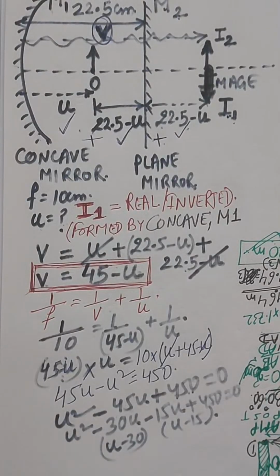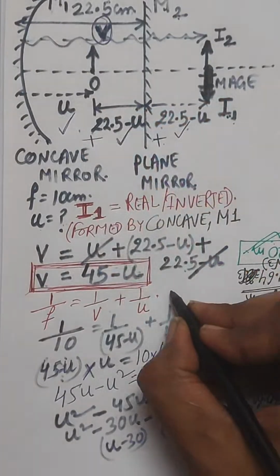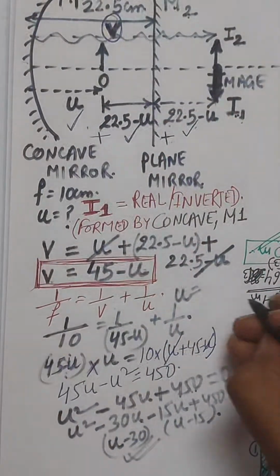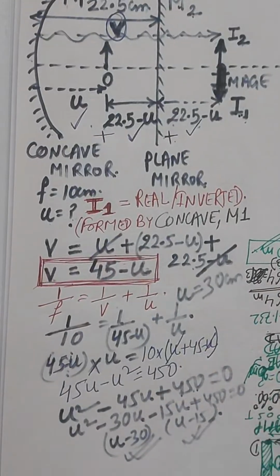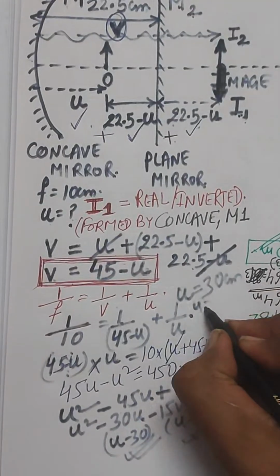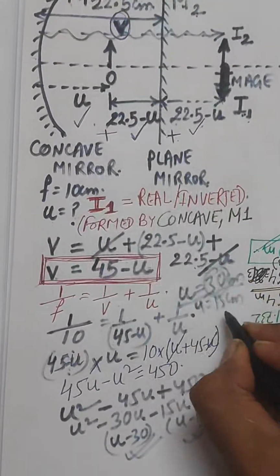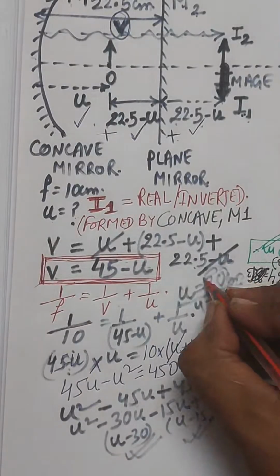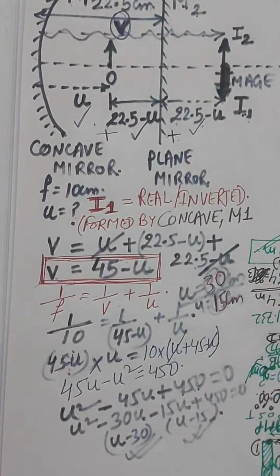So the admissible distance of u, that is the object distance we are getting from here, is u equal to 30 or u equal to 15. So this would be the distance, 30 centimeter and 15 centimeter, where the object is to be placed.